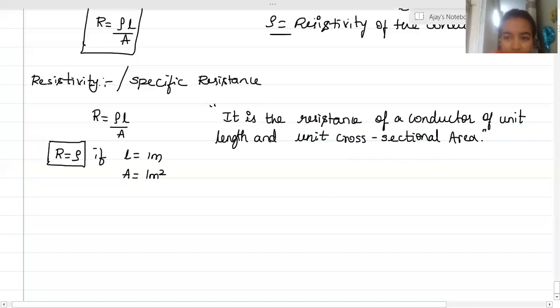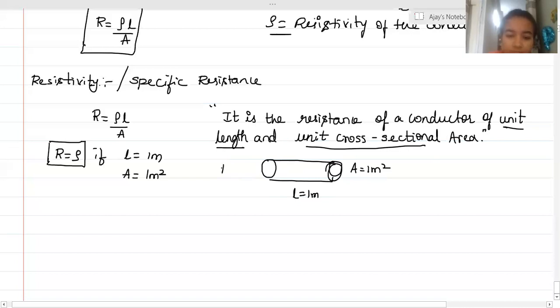So what is resistivity? It is the resistance of a conductor. That conductor should be of unit length and unit cross-sectional area. So if I take a conductor, the length should be 1 meter and the area of cross section should be 1 meter square. Then R will be equivalent to rho.